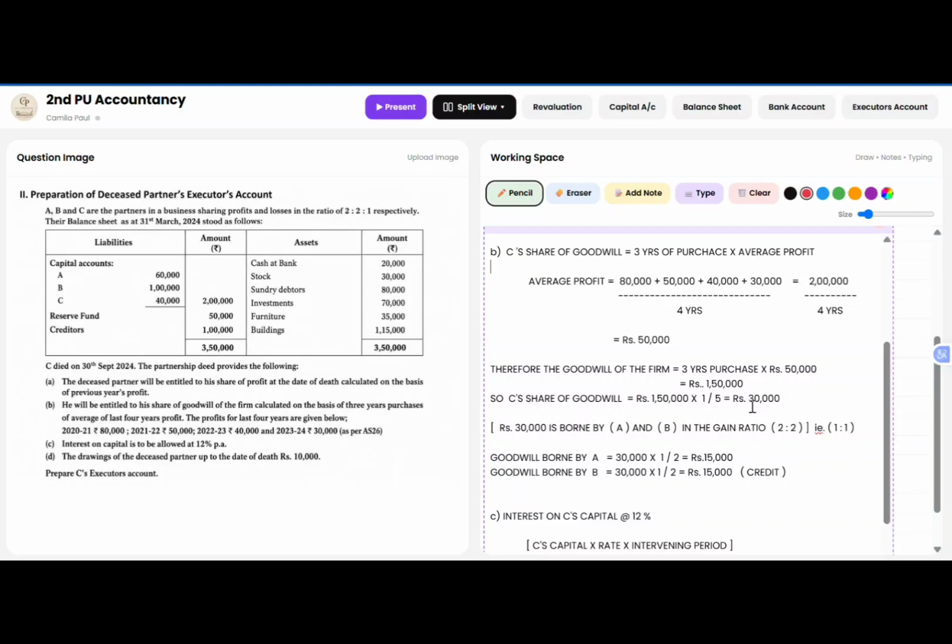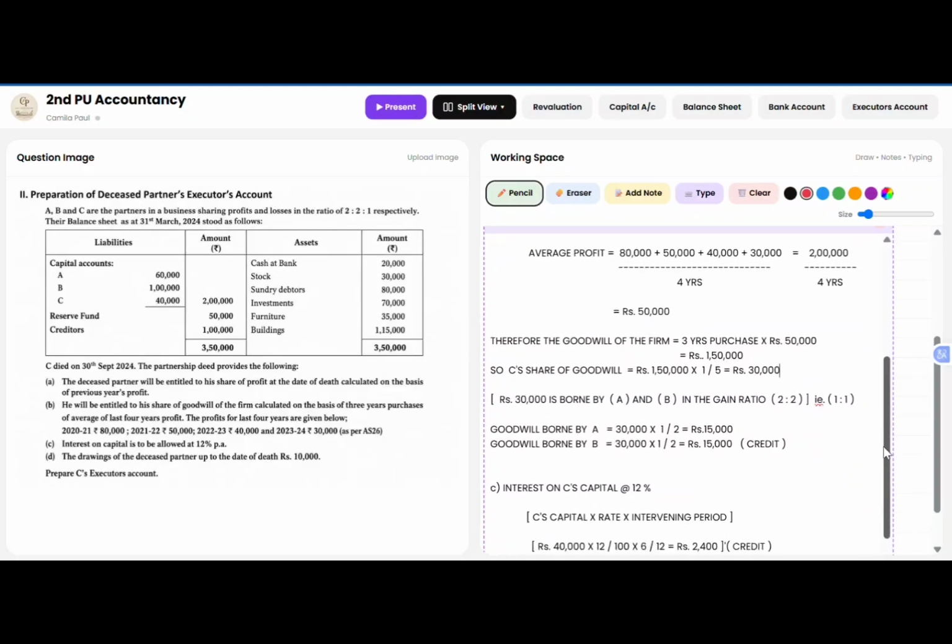Now this 30,000 goodwill will be borne by the continuing partners A and B in the gain ratio. So rupees 30,000 is borne by A and B in the gain ratio, which we had already seen, that is 2:1, or we can write it as 1:1. So let's divide that goodwill of C into the gain ratio.